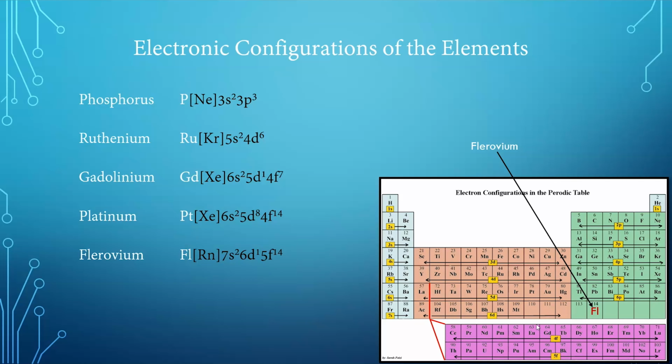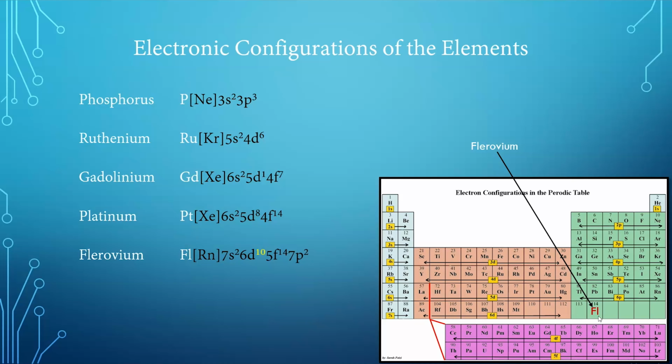After lawrencium, we go back to the 6d block, and we're going to pick up all the remaining members, the other 9 members of the 6d block, and add those to our 1, and that brings us up to 6d10. And finally, we're going to wrap things up by going into the 7p block, and flerovium is the second element in the 7p block, which means we should end with 7p2.